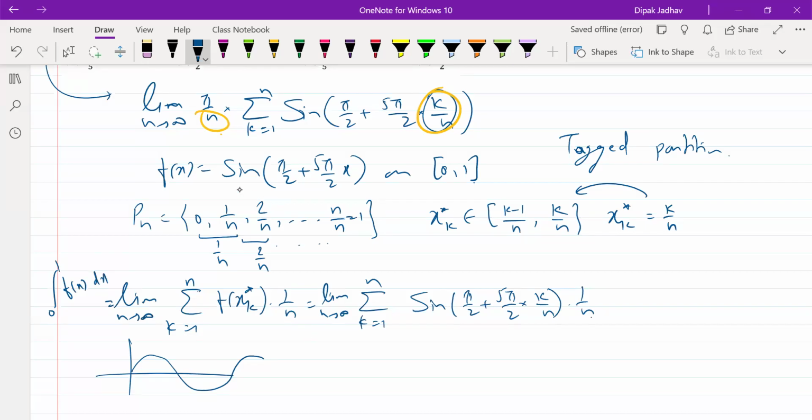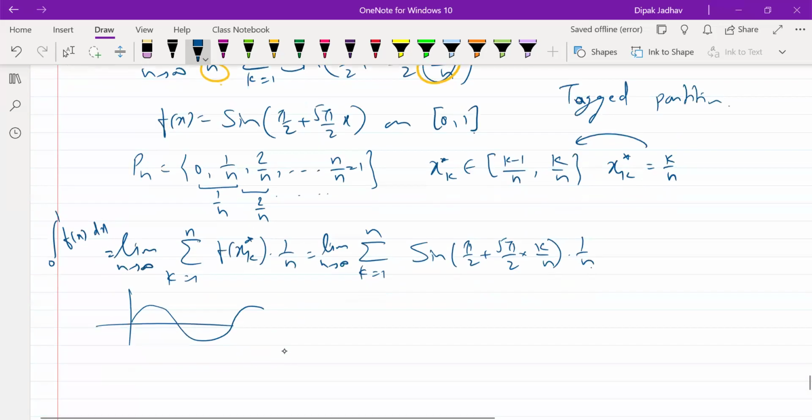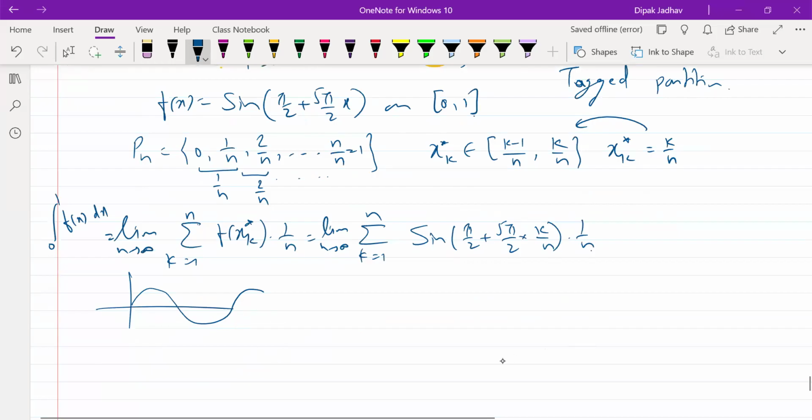What is my f? Sine of pi by 2 plus pi by 2 times x on the closed interval 0, 1. So is f Riemann integrable? Yes, sir. Yes, because f is continuous. So that's why it is Riemann integrable. So you can compute the integral and you can get the answer.